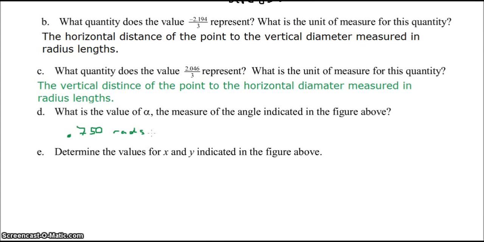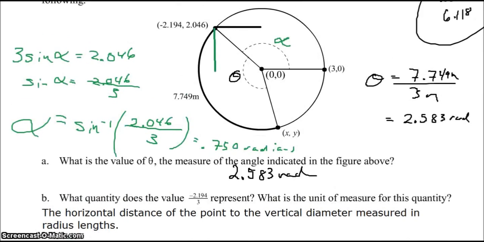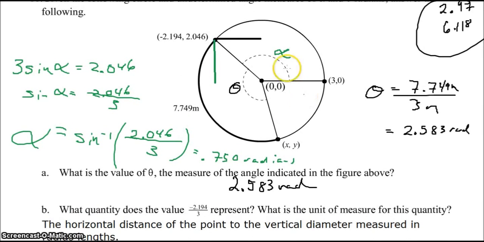The book has a lot more weird stuff. It says that that's alpha 1. Okay, so what's alpha 2? They took away pi from that number to get this radian.